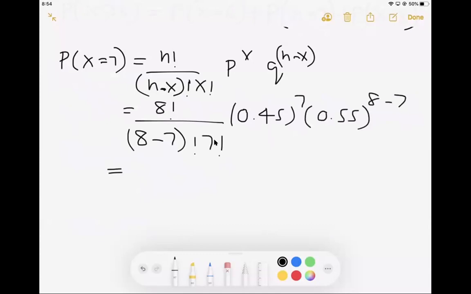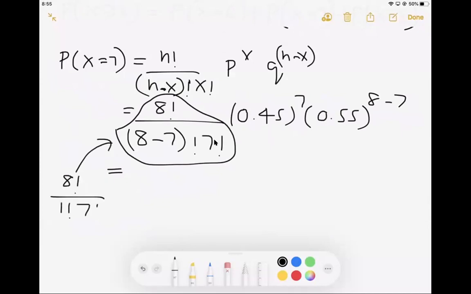So what is this part? 8 factorial, 1 factorial, 7 factorial. So you can write it as this.